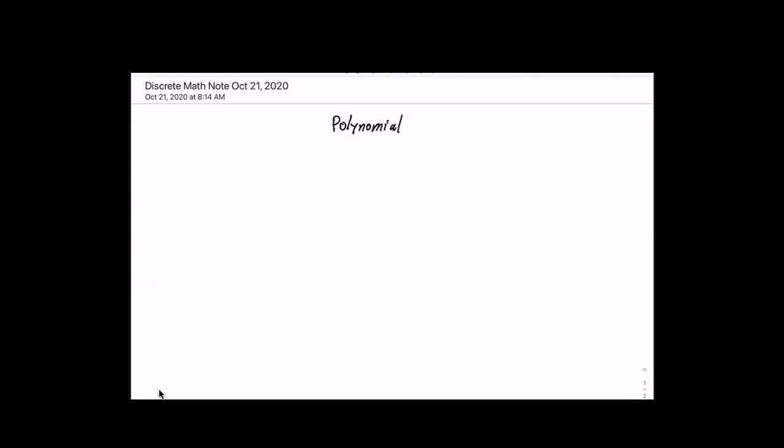Polynomial sequences. And our goal for today is to be able to define them and to determine the degree.